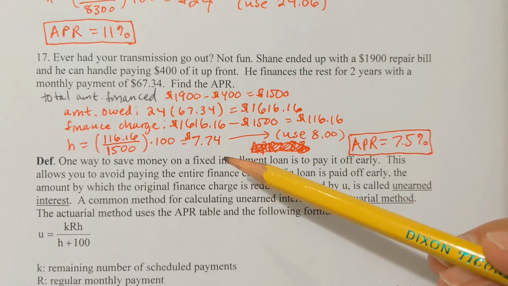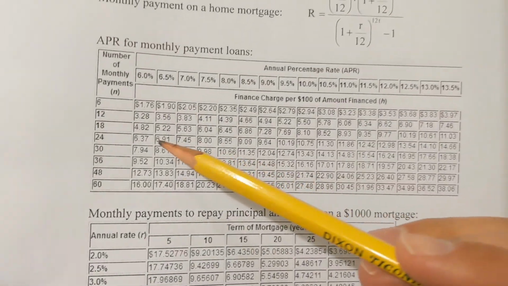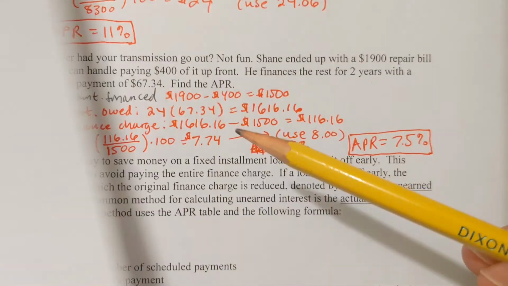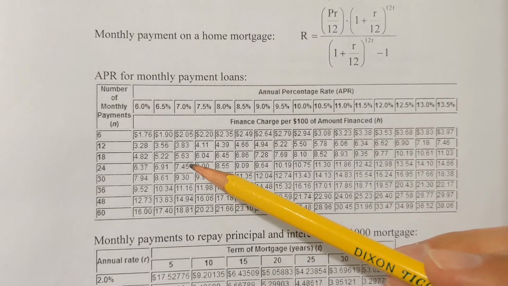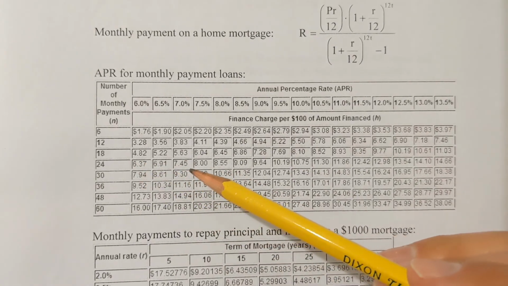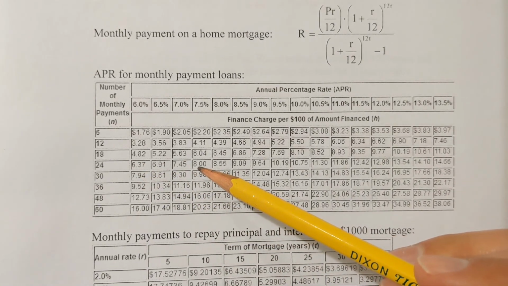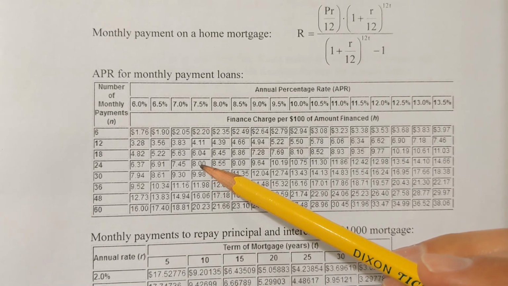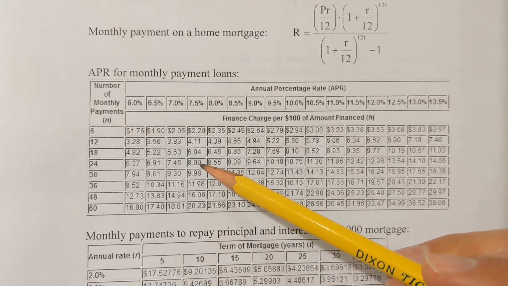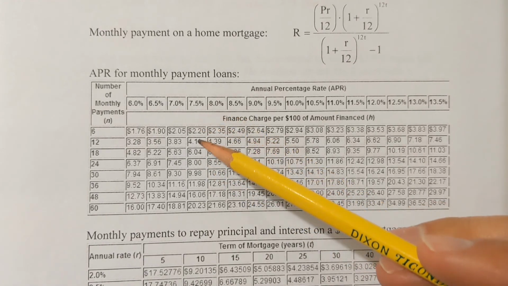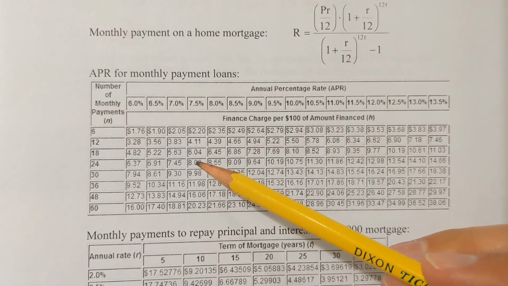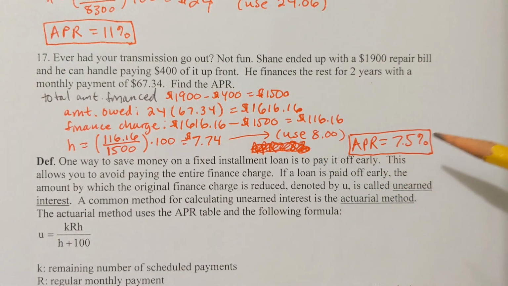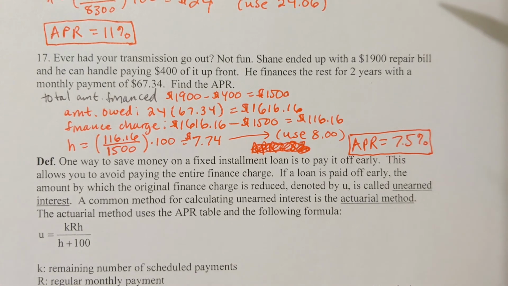I want to look at 24 payments and $7.74. That's gonna be right here. It looks like $8 would be the closest value to that, and that's going to put me in the 7.5% column. Okay, so the APR for the loan would be 7.5%.